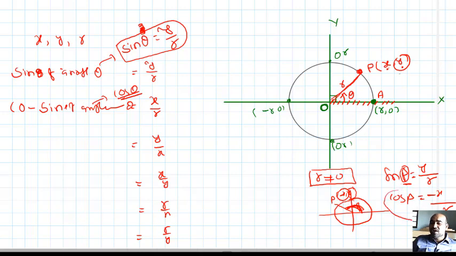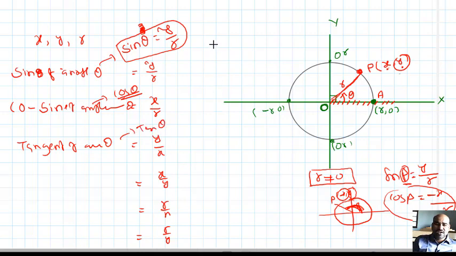So what happened here? Cos beta is minus x by r. If x is treated as positive, cos beta is negative here. Sin beta is y by r. Next, the ratio y by x is defined as the tangent of angle theta, or simply they write tan theta.